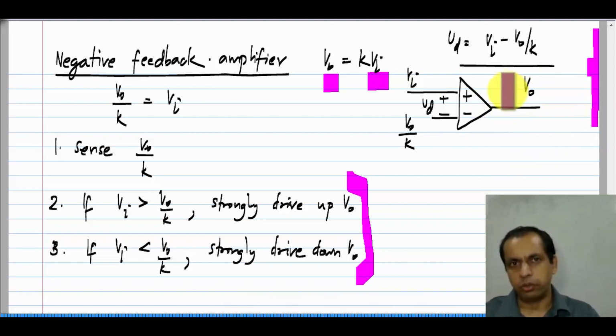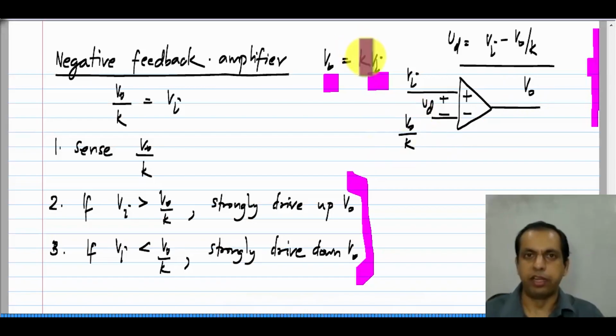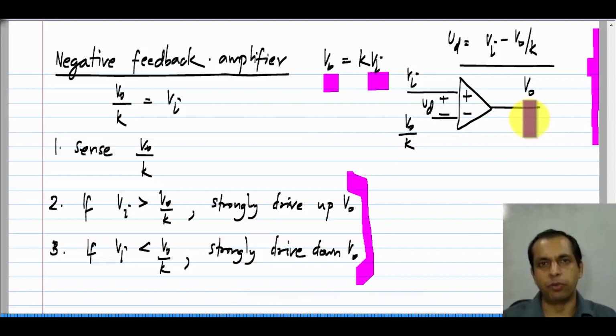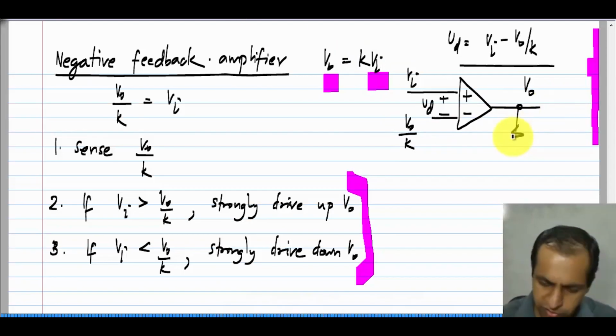So, this is exactly what we want. The only thing we need to do in order to complete the circuit is we have to somehow obtain this V naught by k, which is a fraction of V naught. Remember, we are realizing an amplifier, so this k is more than 1. So, V naught by k is smaller than V naught. Now, it is very easy to derive a smaller voltage from a larger voltage. You can do that using a resistive divider.